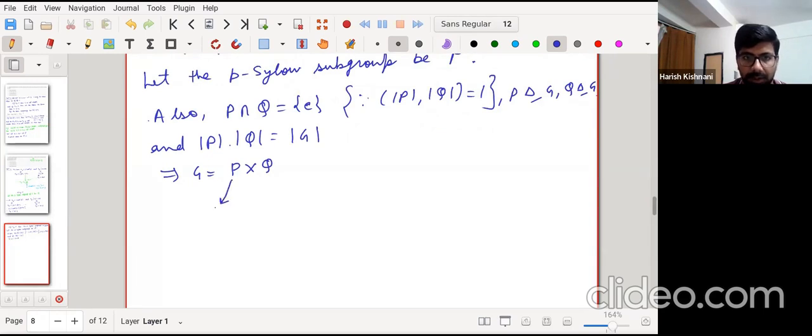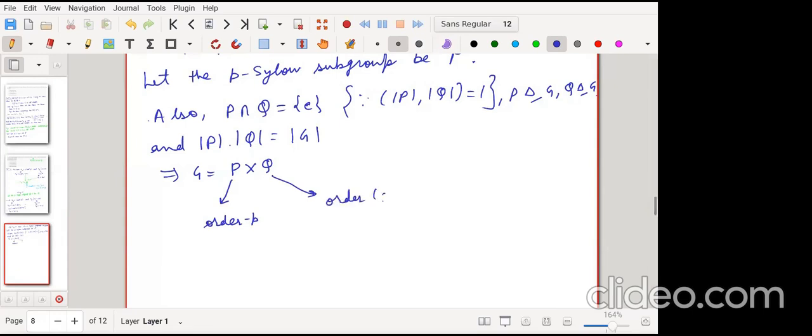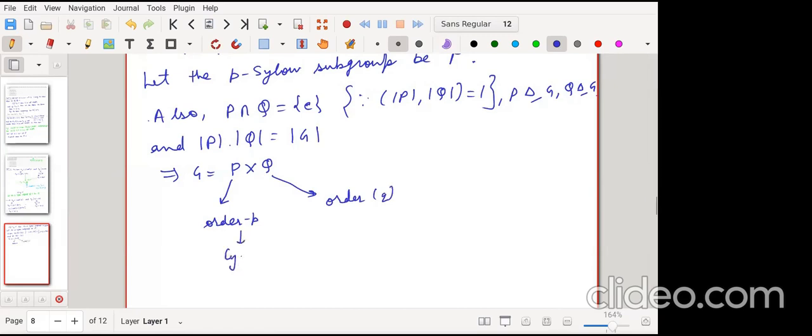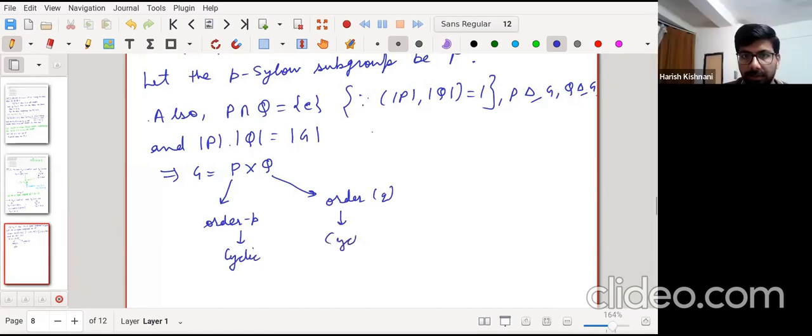P Sylow subgroup is of order P here because the group has order PQ, and Q Sylow subgroup has order Q. So both of these groups are cyclic, which implies G is abelian.